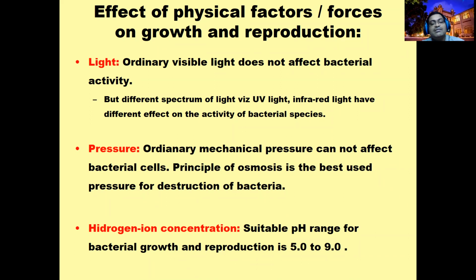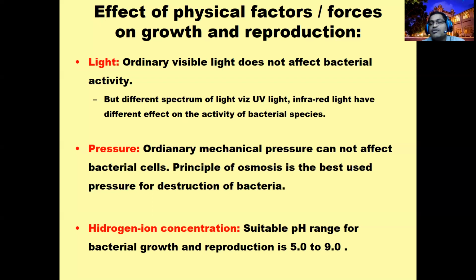Normally bacteria can survive in acid pH, and some bacteria can go up to a pH of 9, slightly alkaline conditions, but many bacteria prefer to live in acid conditions. For example, you would have studied Bt toxin.